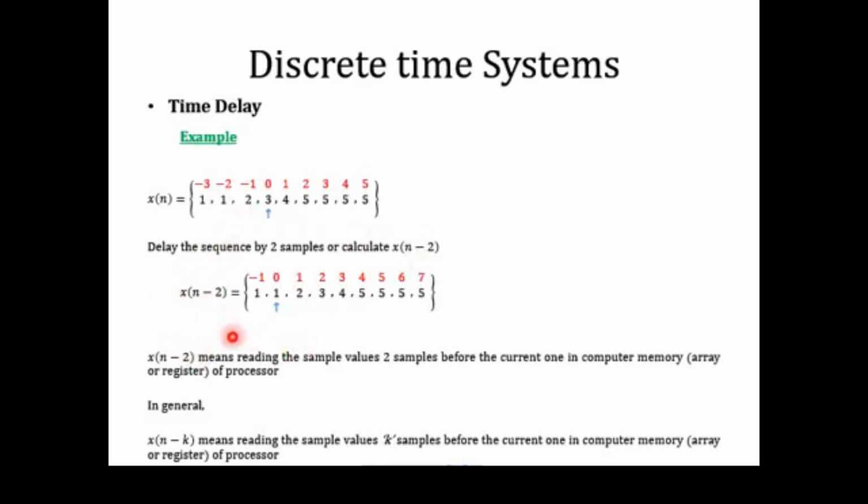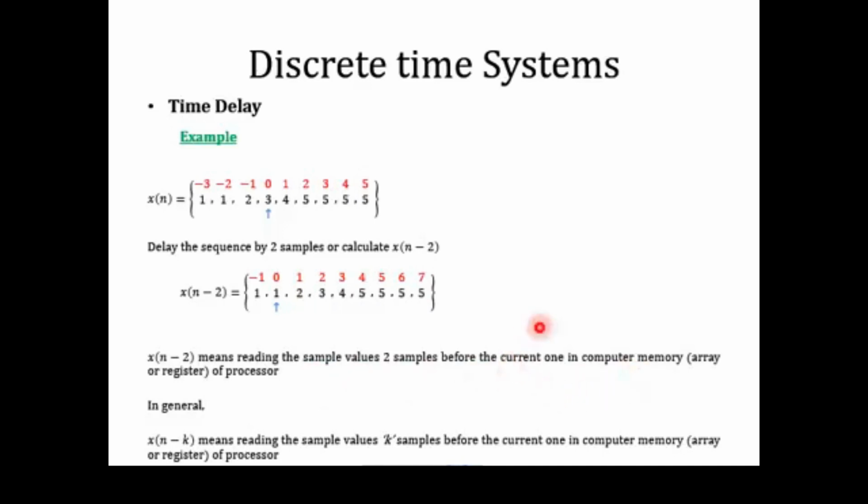Now, why have we delayed the x of n sequence by 2 samples, or what is the meaning of x of n minus 2? The answer is we want to read or access the sample value 2 samples before the current one stored in our computer memory.